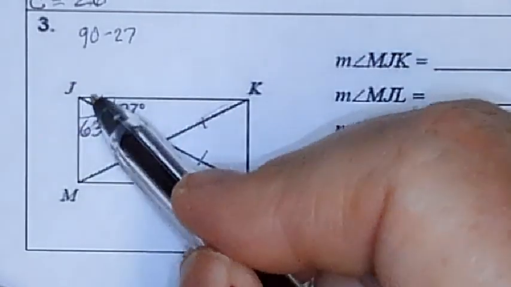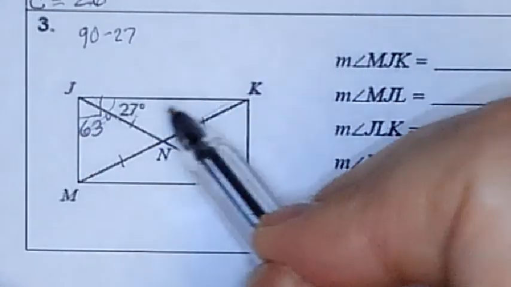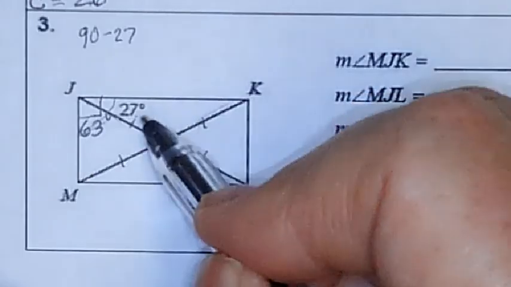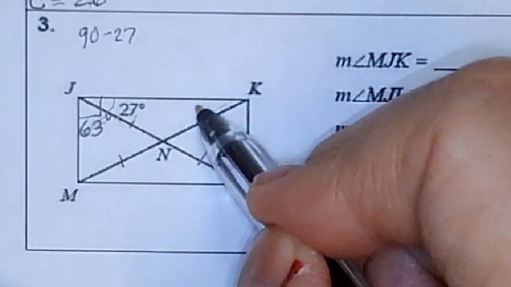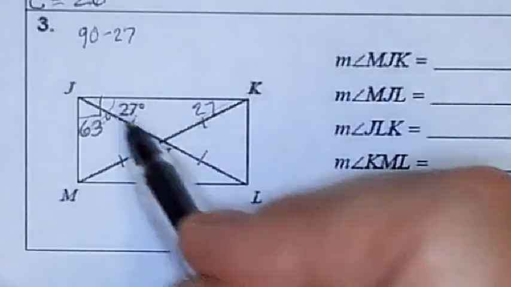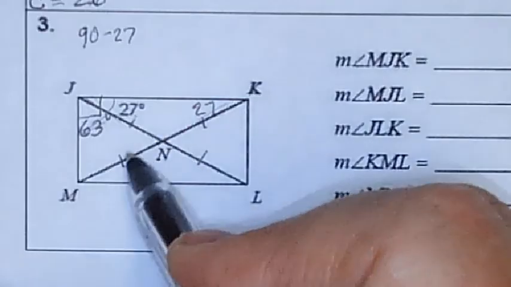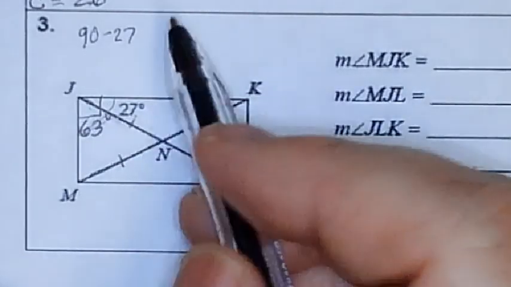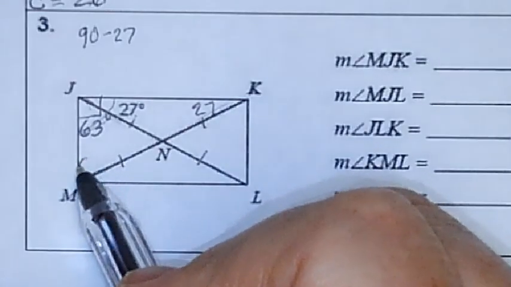Did you know when the legs are congruent, then so are their opposite base angles? So if this is 27, that's 27. Look, this is an isosceles triangle because this leg is congruent to this leg. And when the legs are congruent, so are their base angles. So this angle is also 63.